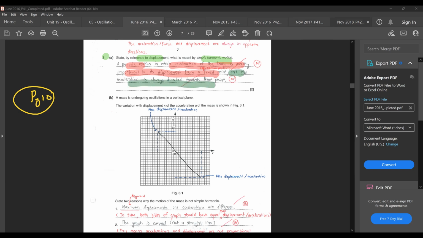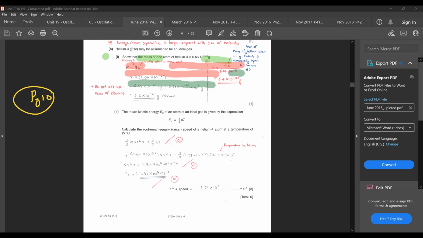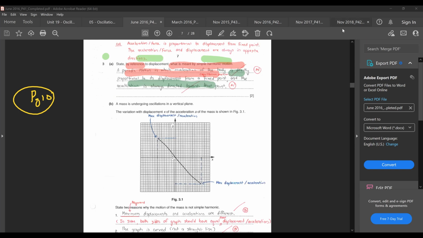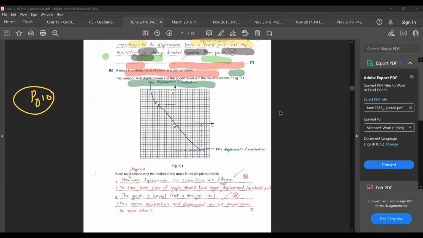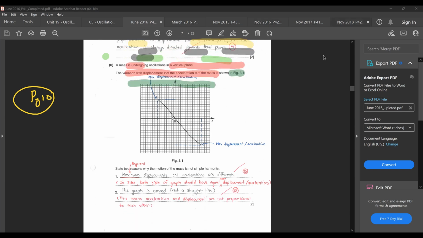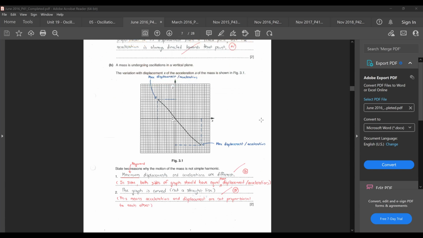Or you can always just separate them out, where you say that acceleration is proportional to displacement from a fixed point, and the acceleration and displacement are always in opposite directions. So I leave it up to you to decide which one you want to use. Now for B, you have a graph of acceleration versus displacement.